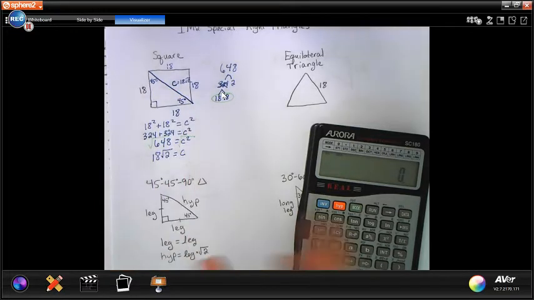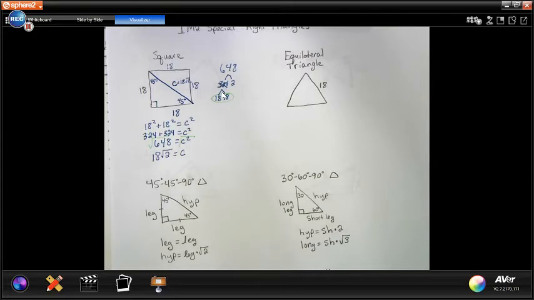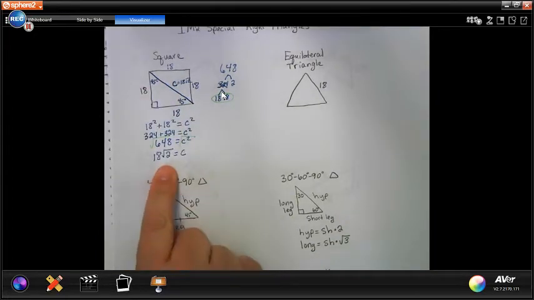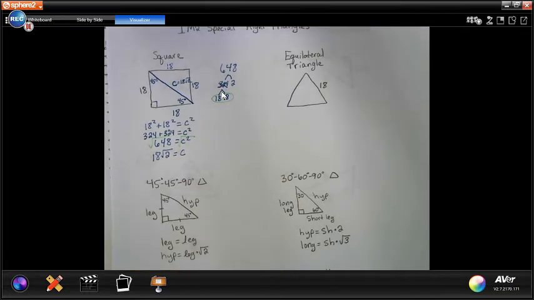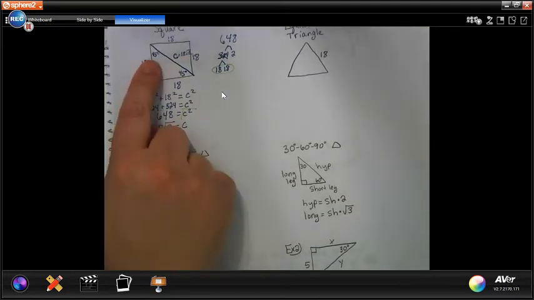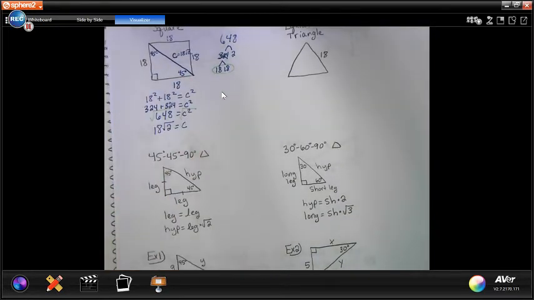Okay, so, because there's a formula. And if we were in class, you guys all would have had different numbers and done this, and all discovered that you all got the same length as your side with the radical 2. So the formula, and you notice the angles are 45 and 45 and 90. That's a 45, 45, 90 triangle. It's called a special right triangle because it has a special formula.